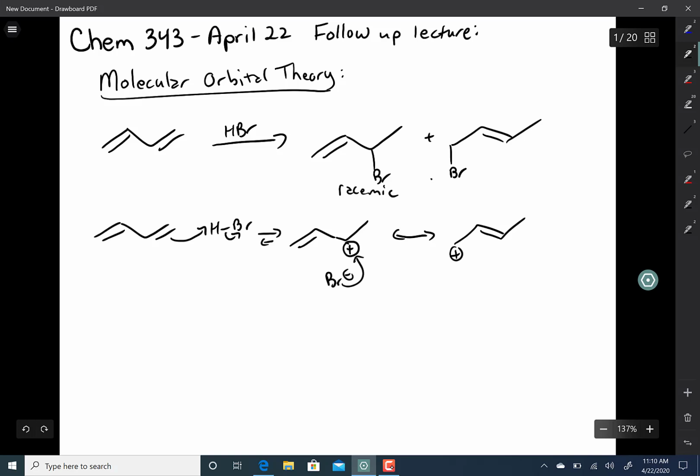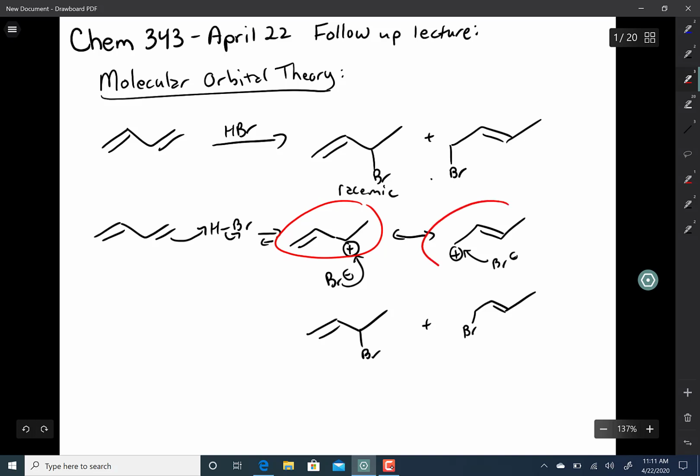And the bromide adds to either resonance structure and it gives you a mixture of the products. Where molecular orbital theory comes in is you can take a look at the molecular orbitals of this type of system and predict where the bromide adds.